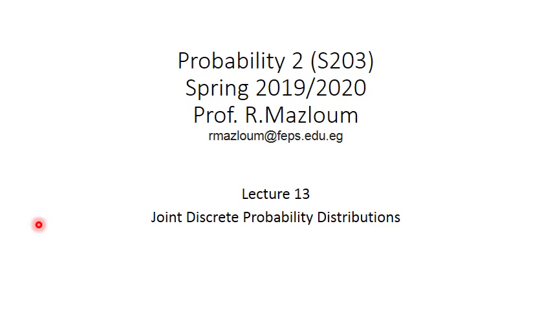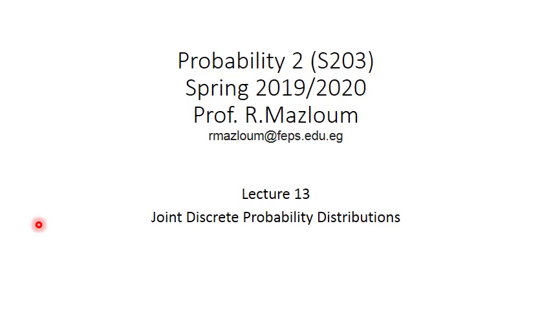This is if we define more than one random variable on a given sample space. And I gave you two examples, one about tossing two dice, where we care about the number of dots appearing on die 1, and at the same time the number of dots appearing on die 2.